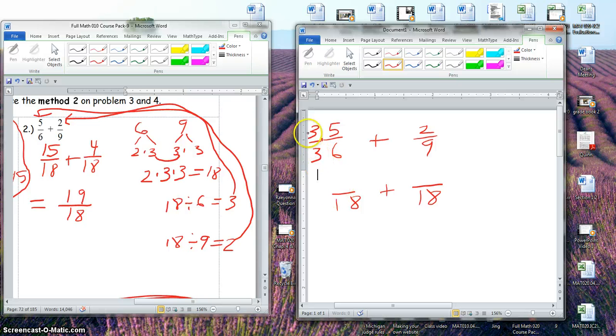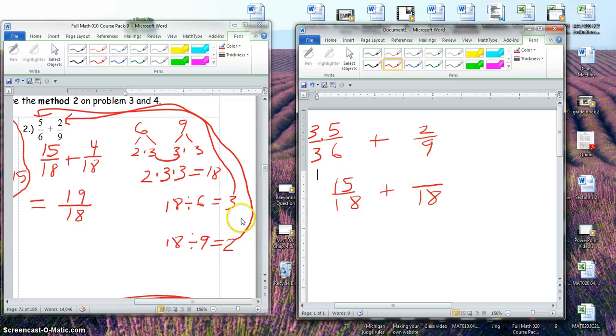Because watch this. First of all, 3 divided by 3 is 1, right? So when you take 1 and multiply by anything, it doesn't change the problem. So we look here at our denominator. 3 times 6 is 18. And then 3 times 5 is 15. Now if you see here, this is how you get the 15 over 18.